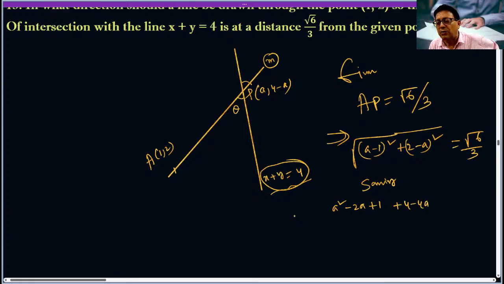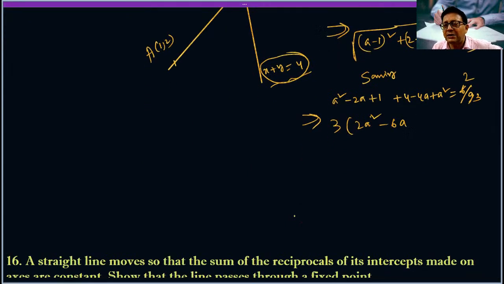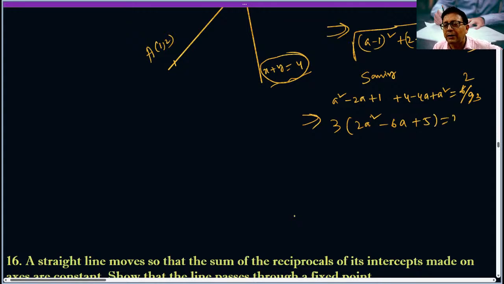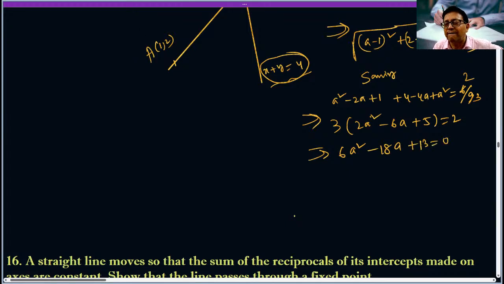Plus, wait, plus a square equals 6 by 9. So this implies 3 into 2a square minus 6a, 15 minus 2, that is 13.